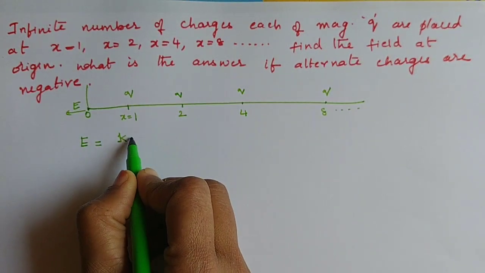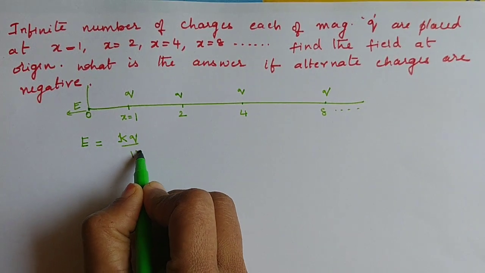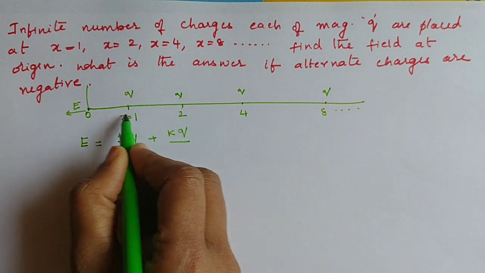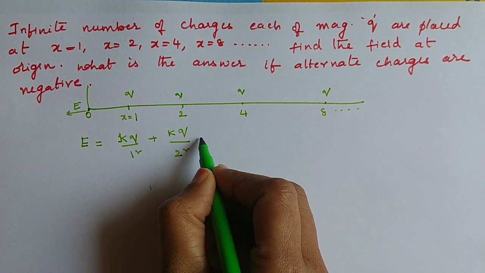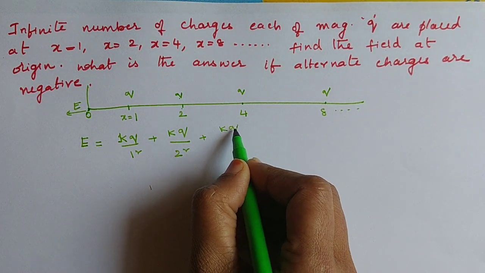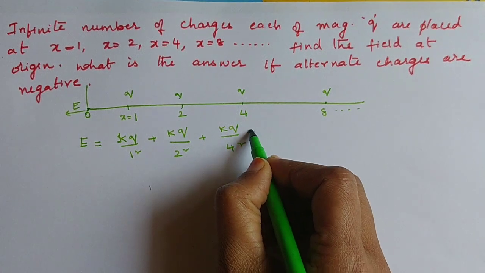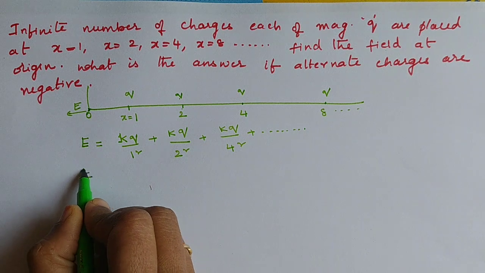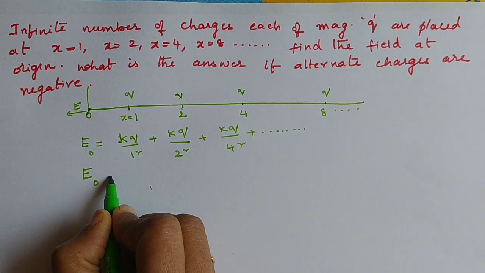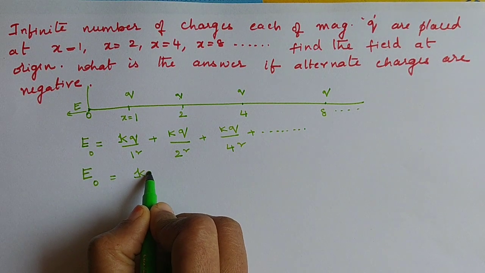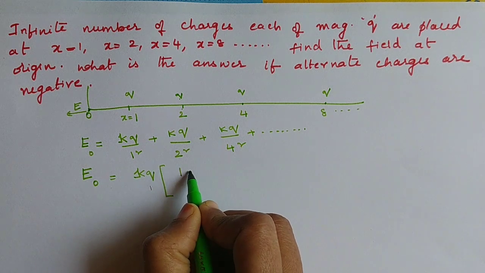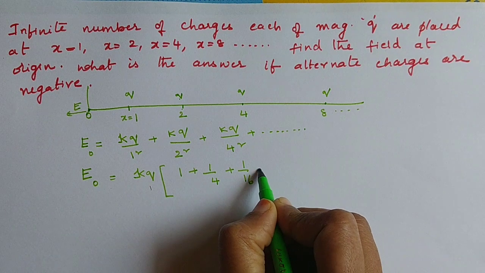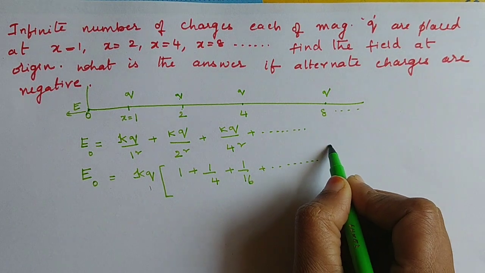So due to q, it is kq by 1 square plus k into q by 2 square, as the second charge is at a distance 2 meter, plus k into q by 4 square, and the series will continue up to infinity. So the net field at origin would be, take out k and q outside, 1 plus 1 by 4 plus 1 by 16 and so on.